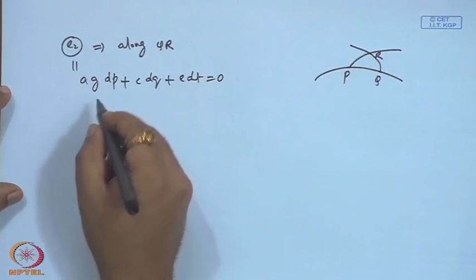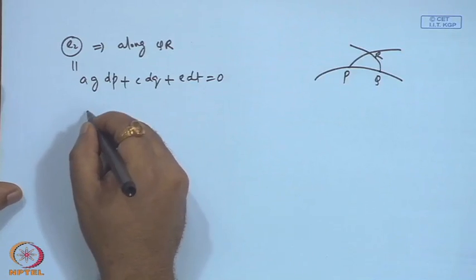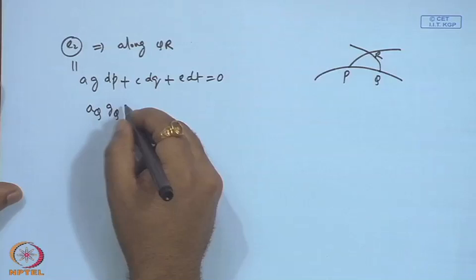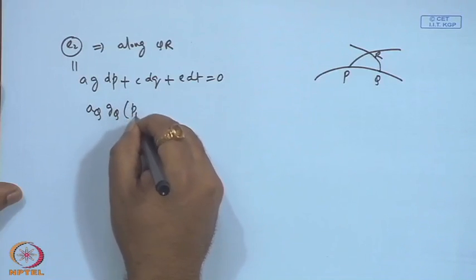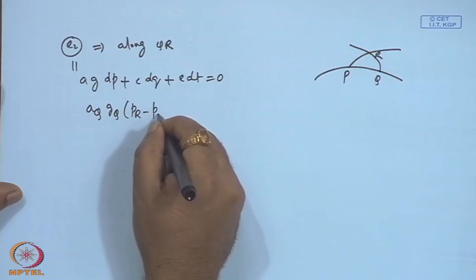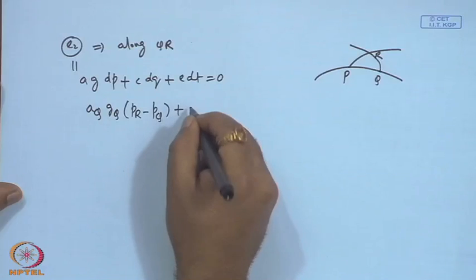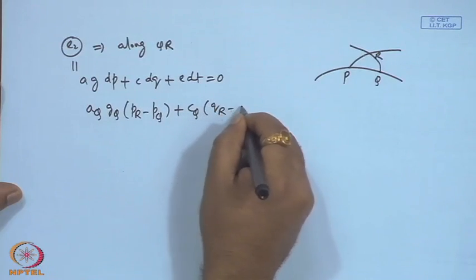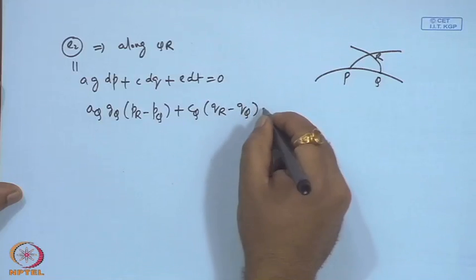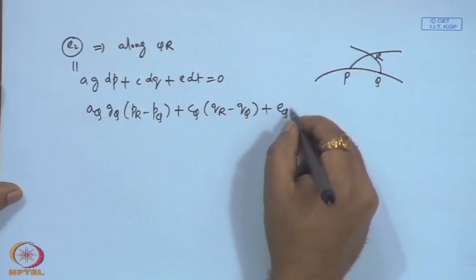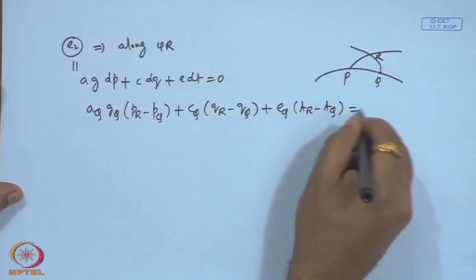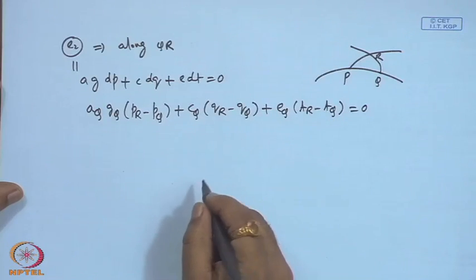So, we would like to approximate this. So, this will be A Q G Q, P R minus P Q, plus C Q, Q R minus Q Q, plus E Q, T R minus T Q equals to 0. Okay.